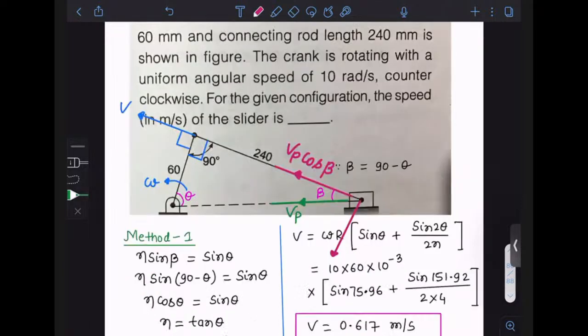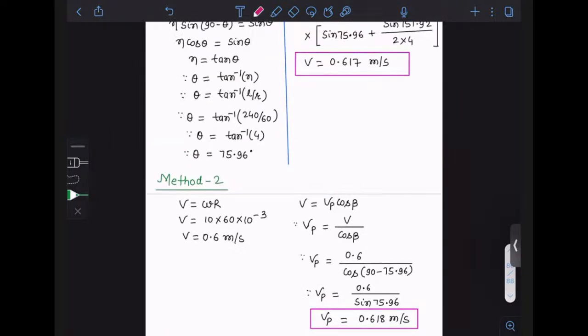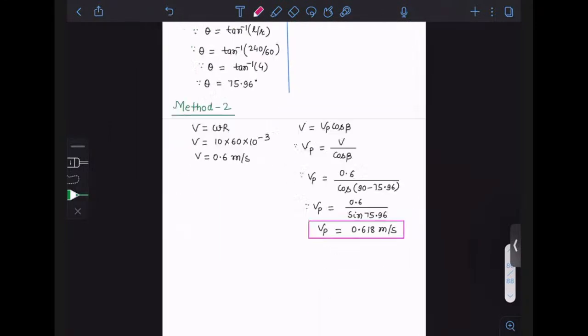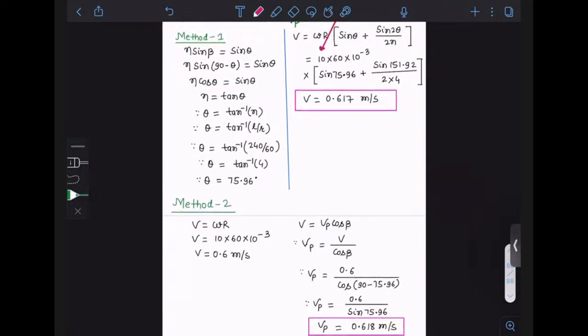Everyone, please let me know in the chat box. Sir, method number 2 is clear. Now we proceed to the next part of the discussion. Please confirm both the methods are clear.